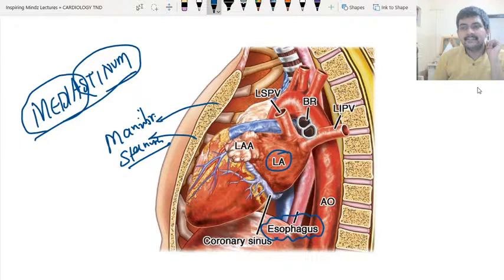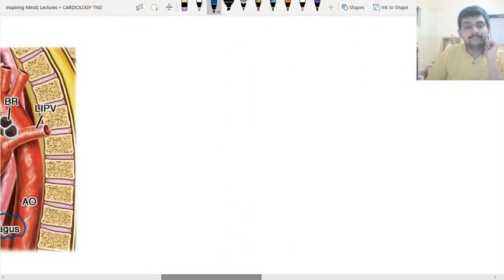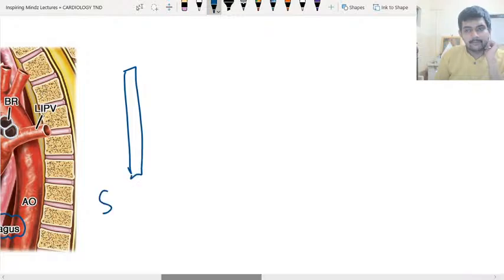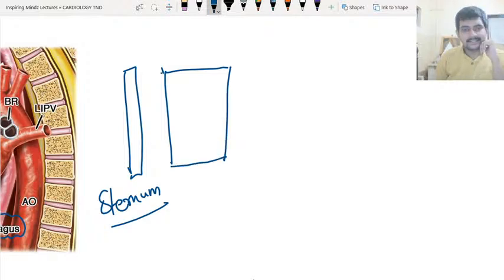Let's draw a very basic simple block diagram related to this. Imagine this to be the sternum. Posteriorly, this is your heart. So you have the left lateral view of the mediastinum, right? If you look at this heart very carefully, you will observe the main component formed here is the interventricular groove somewhere in between.